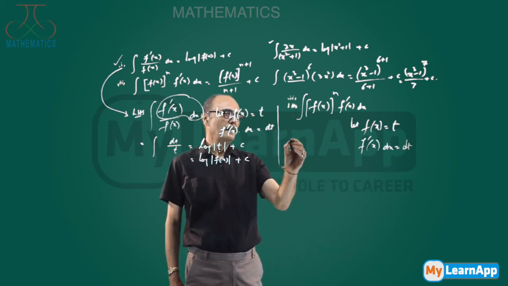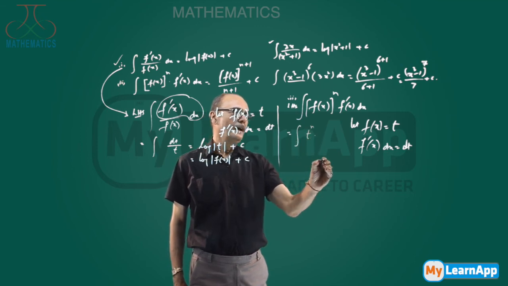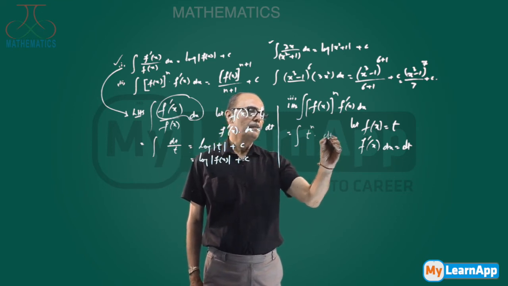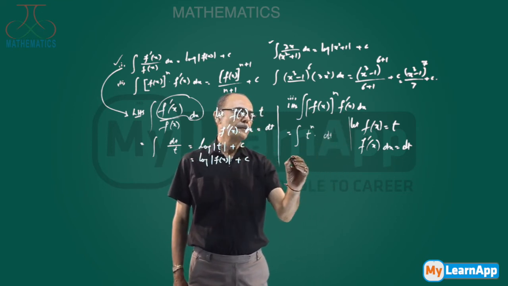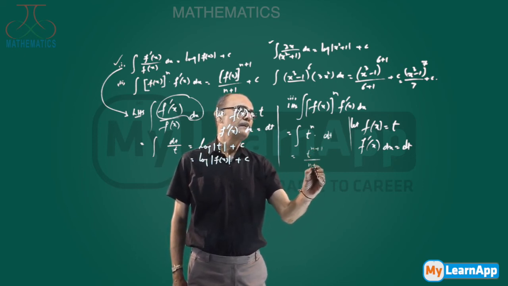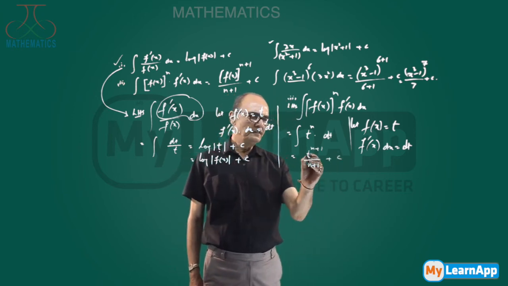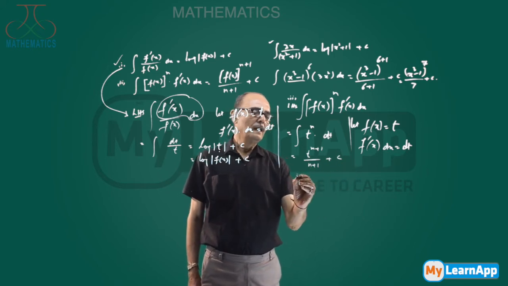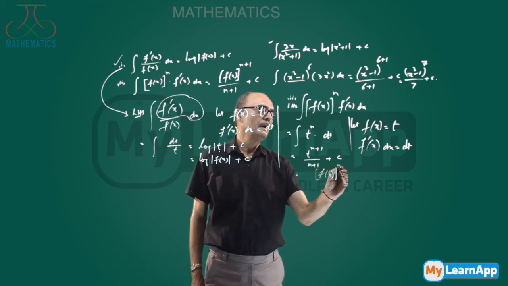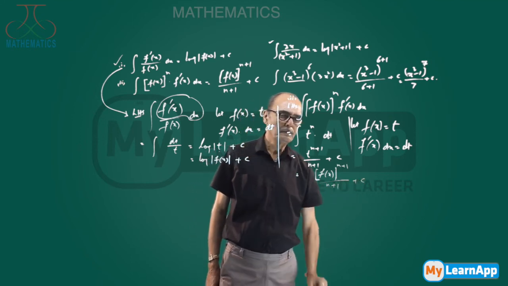So this is t raised to power n, and f dash x dx is dt. So this is t raised to power n plus 1, the first formula, over n plus 1 plus c. And now replace this t by f of x: whole raised to power n plus 1 divided by n plus 1 plus constant c.